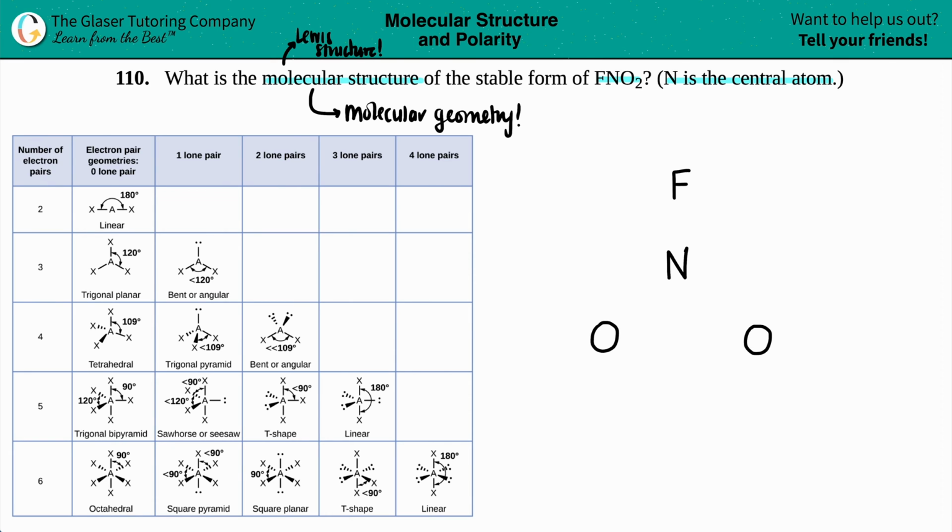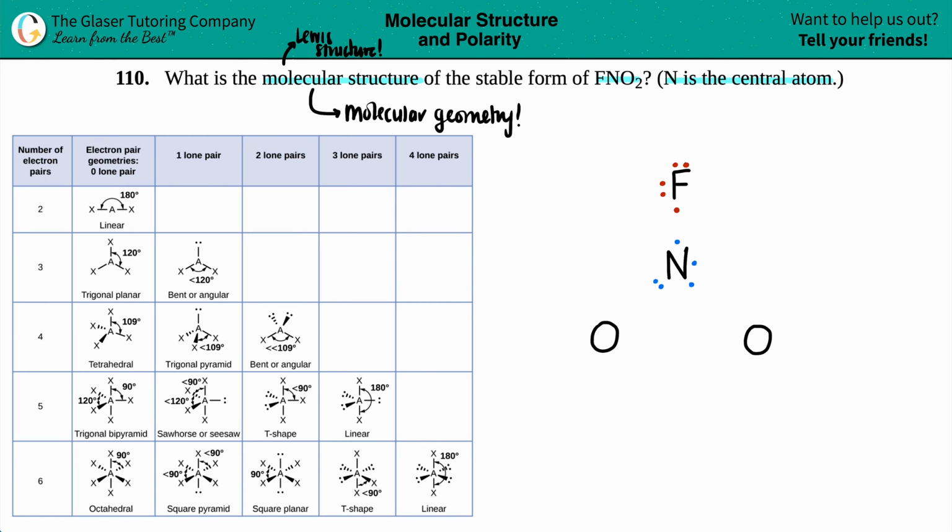It always comes from the valence electrons. That's the periodic table. Nitrogen has 5 valence electrons. It's in group 5A or 15. So I'm going to draw 5 dots around the nitrogen. The fluorine has 7 valence electrons because it's in group 7A or 17.